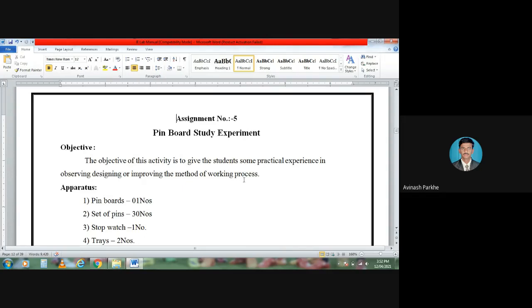This is method number 1. By using a single hand only, I have to complete the task, using the right hand only. And for method number 1, I got some amount of time.